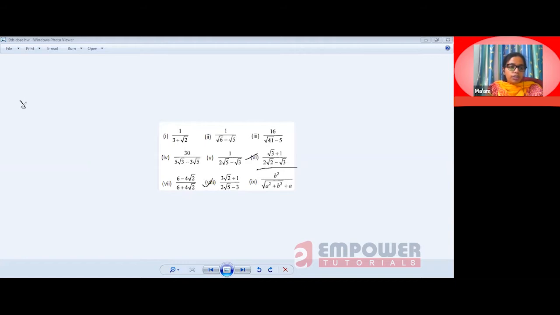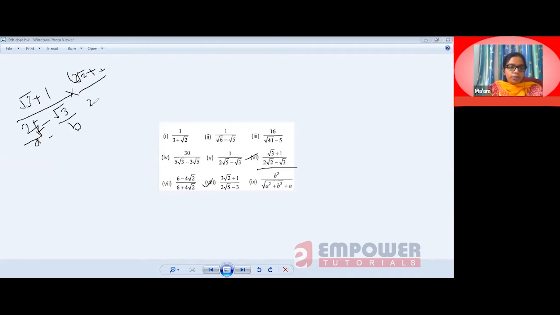So this is root 3 plus 1, and in the denominator you have 2 root 2 minus root 3, right? Now I will consider this as A and this as B. So the conjugate pair must be A plus B. So I will multiply this by 2 root 2 plus root 3, right? This will be the conjugate pair of this.